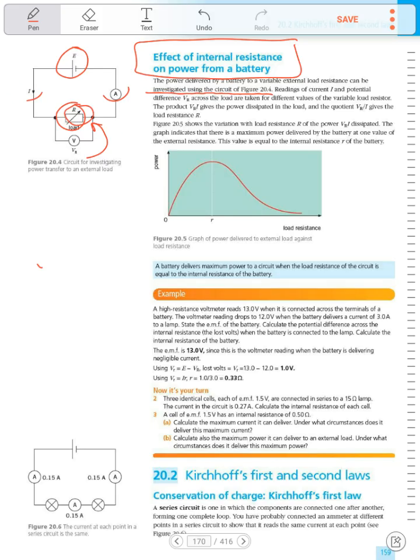Okay, so we have the voltage, or if we want to find the power, it's equal to the current and the voltage across the external resistance, or the load resistance. Figure 20.5 shows the variation with load resistance R of the power.